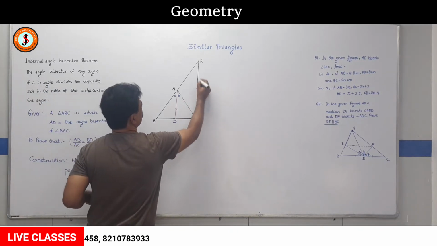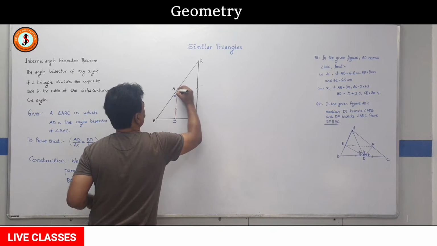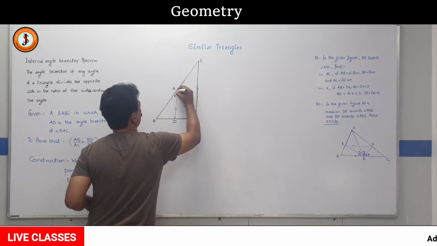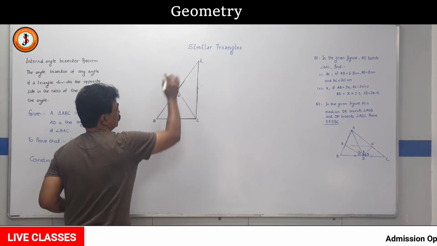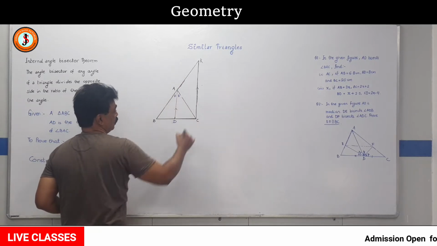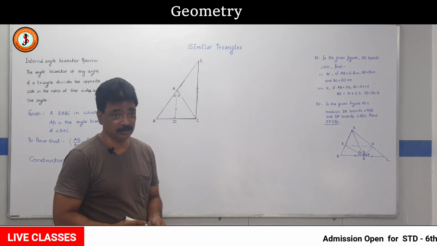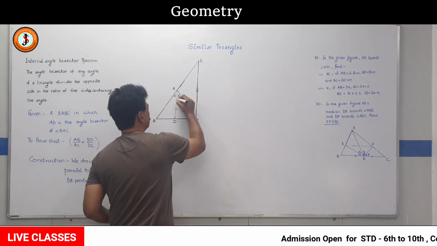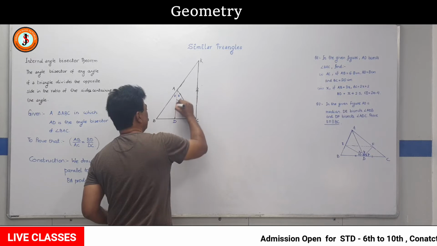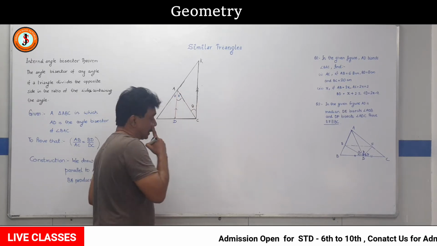So the proof is very easy, because now you can apply BPT, because AD is parallel to CK. That is easy now. The only thing is, now what has to be done is the angle bisector is given. These lines are parallel, so if this angle is theta, that means angle DAC will be equal to angle ACK, alternate angles, isn't it?